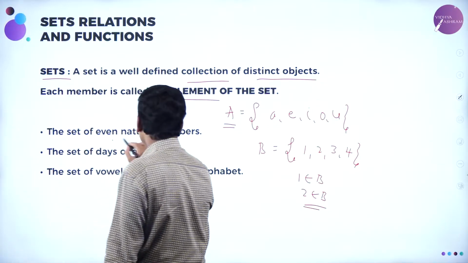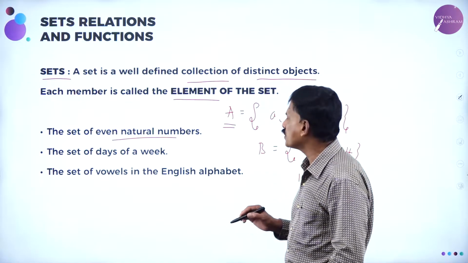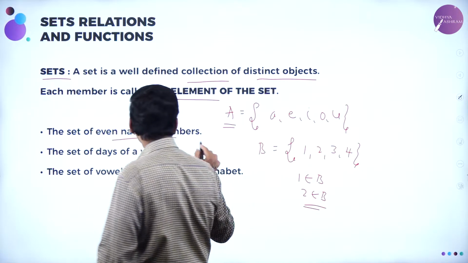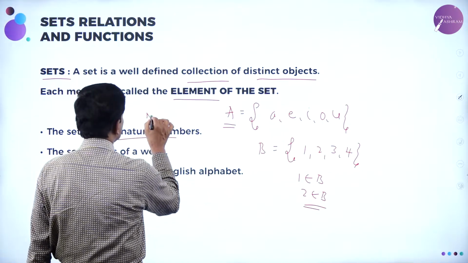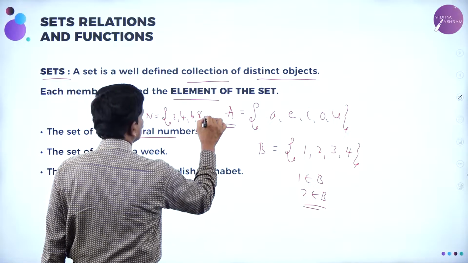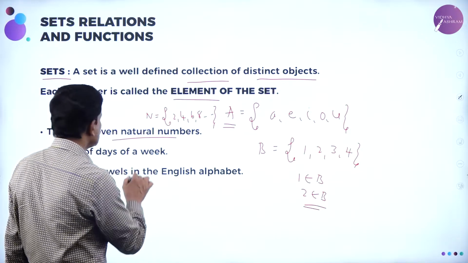Now, the set of even natural numbers is an example for a set. That is, the set of even natural numbers can be written as N is equal to {2, 4, 6, 8, ...}. This is an example for a set. Now, the set of days in a week.